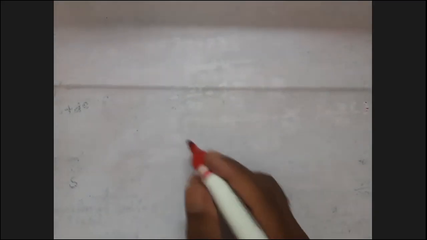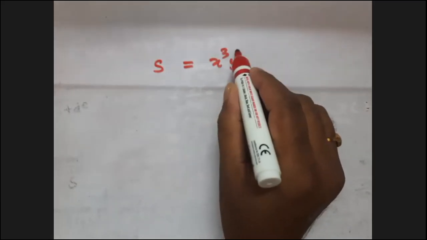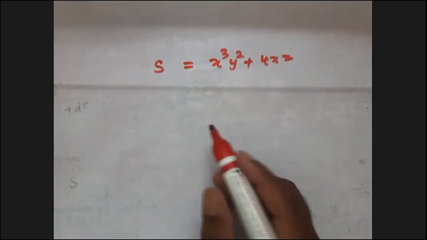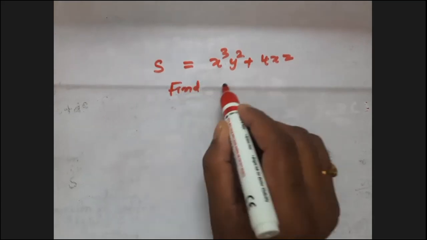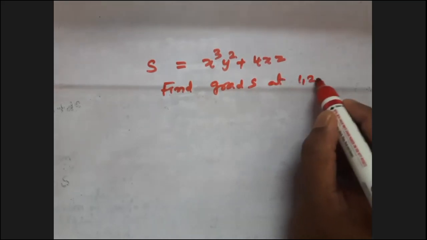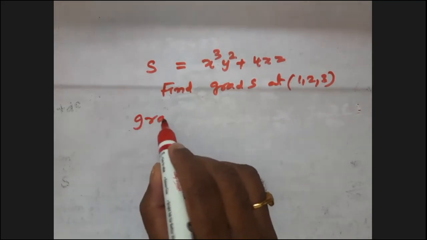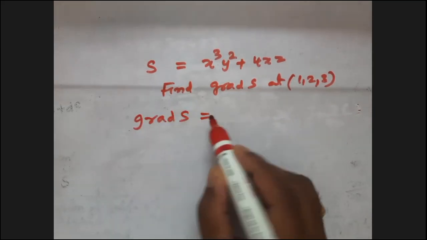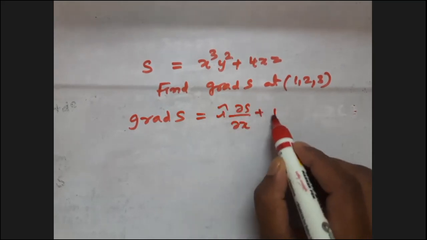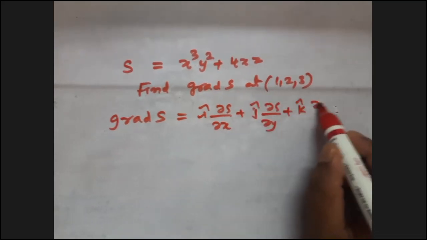A scalar field is expressed as S is equal to x cube y square plus 4xz. Find grad S at the point (1, 2, 3). Now, first you write the formula: grad S is equal to i dou S by dou x plus j cap dou S by dou y plus k cap dou S by dou z.